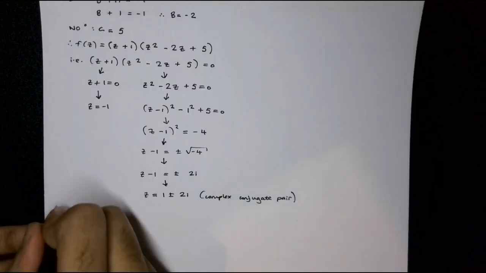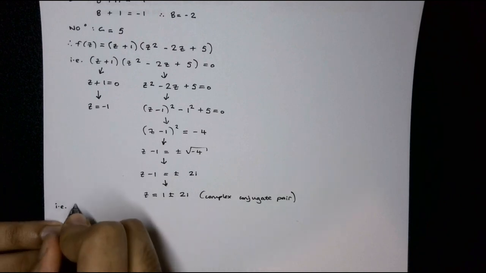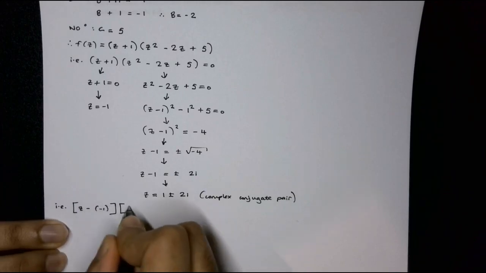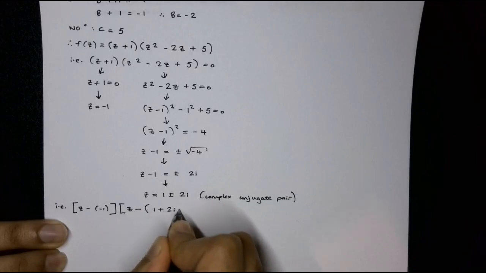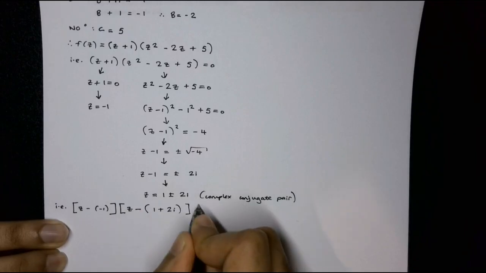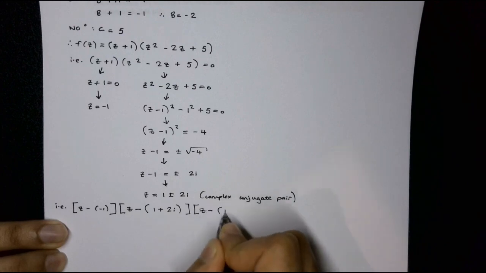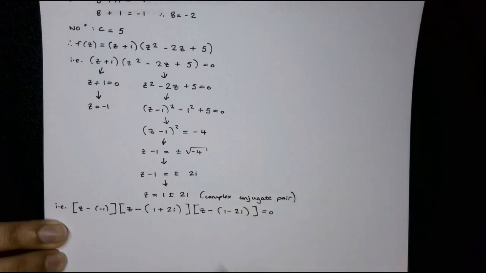So what we mean by that is we have z plus 1 multiplied by z minus 1 plus 2i multiplied by z minus 1 minus 2i equals 0.